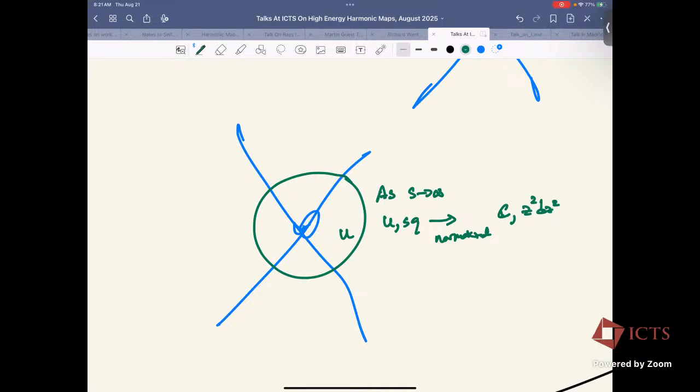And that was what we studied in the first lecture. We know what these maps look like, right? So what are these maps from C with dz squared? For this particular one, this has image an ideal quadrilateral.